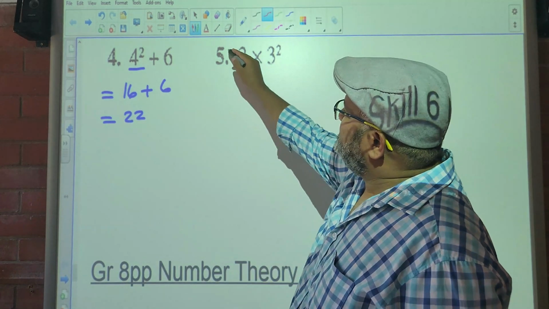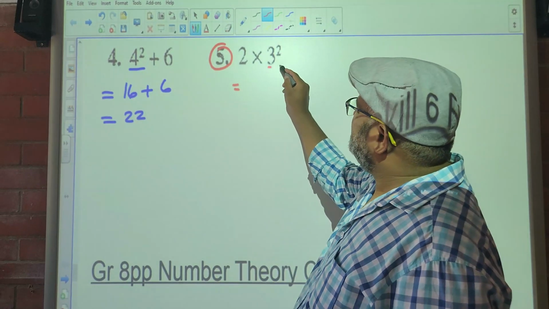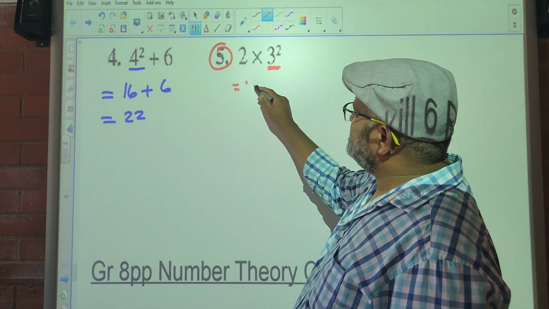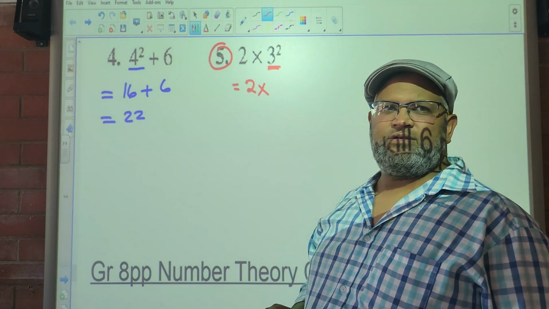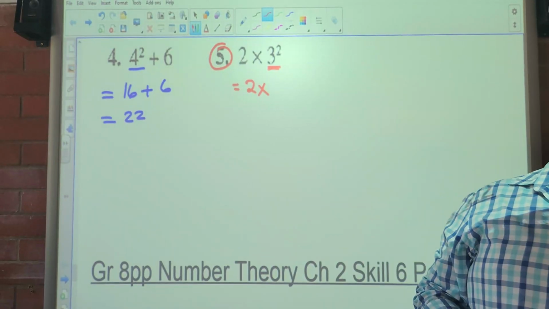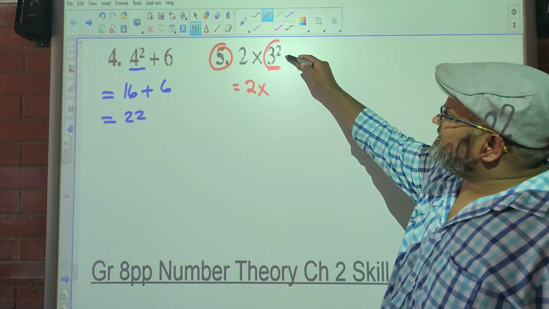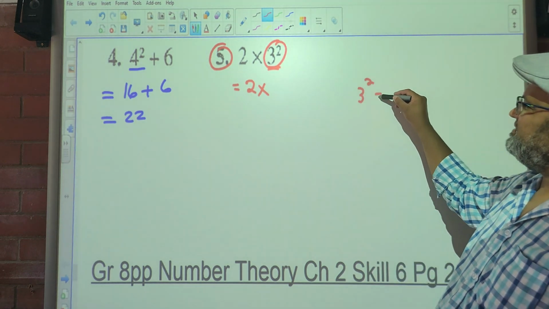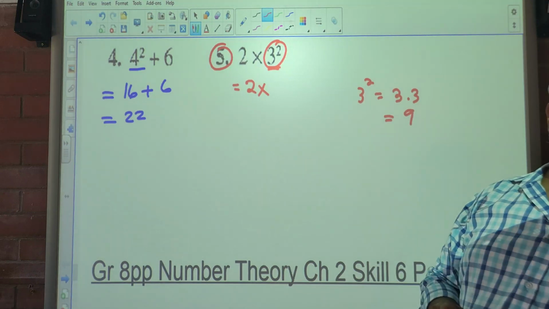Number 5. What do we have to do first? 3 squared. So it's 2 multiplied by 3 squared. Who says 3 times 2? Remember that 3 squared means, as we just did now, 3 times 3, which is 9.